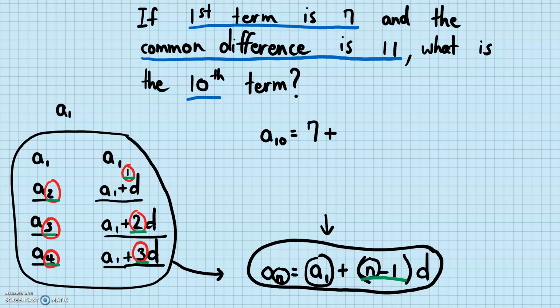So that's n minus 1, which is 9, times d, the common difference. So in this case, it's 11. And now that is going to equal 7 plus 99, which equals 106. Okay, so the 10th term of this arithmetic sequence would be 106.